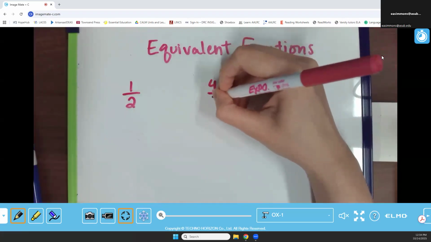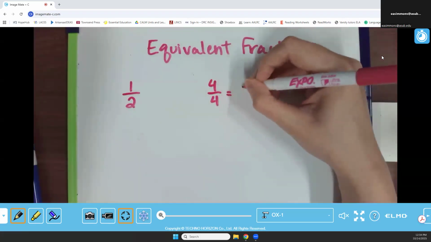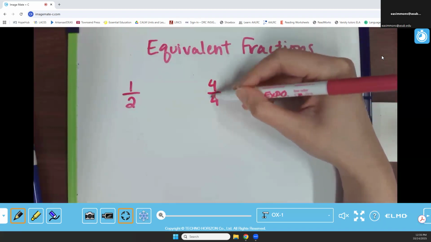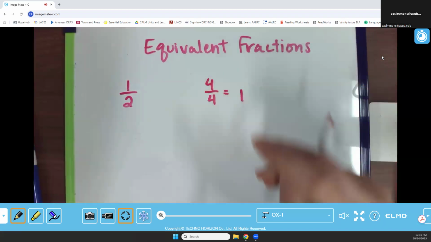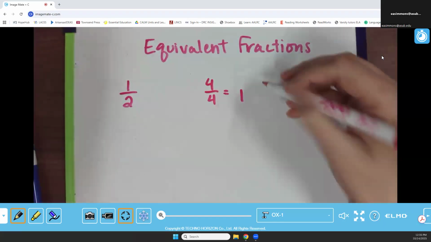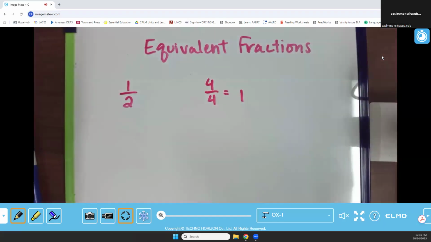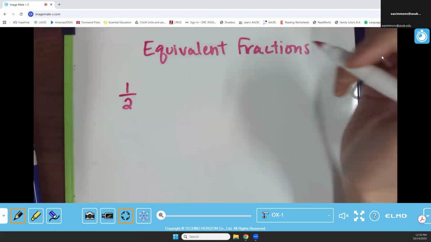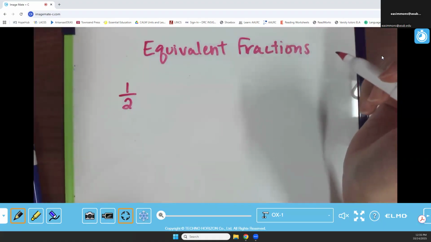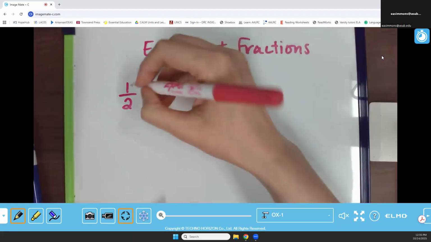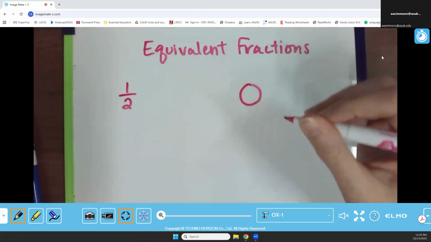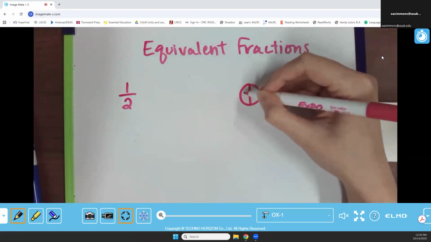So if I had 4/4, that's equal to 1 because I have 4 pieces of pizza that was cut into 4. So I have the whole pizza. When I want to find an equivalent fraction, basically what I'm doing with that multiplication is I'm taking something and cutting it into more pieces. So I've got my half of a pizza.